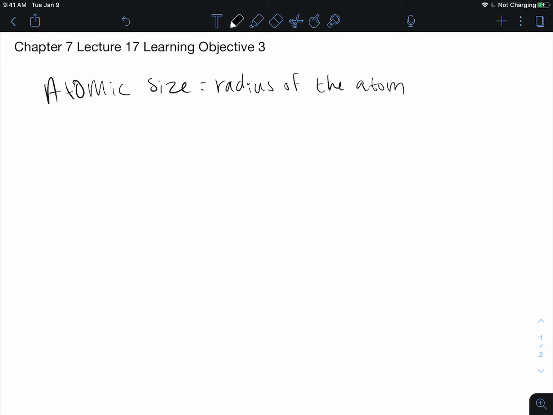There are two methods used to determine the atomic radius, because atoms are very, very small, and depending on what they're bonding with, they might have different atomic radii.